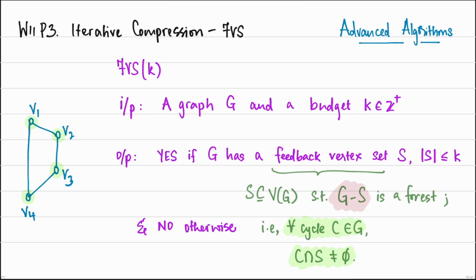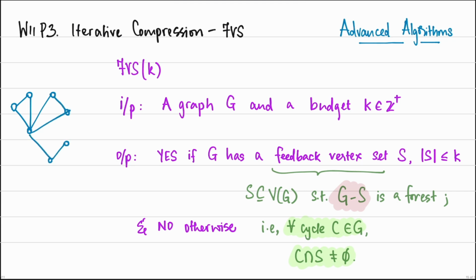Maybe let's just look at one example of a graph with potentially many cycles and look at an example of what an FVS might look like. Notice that if the input graph is a forest, then the FVS is an empty set because there's no work to be done at all, right?